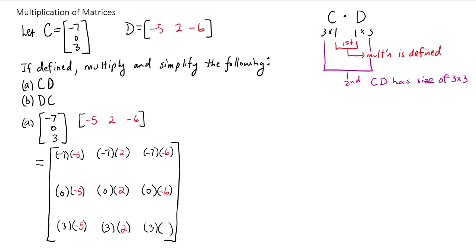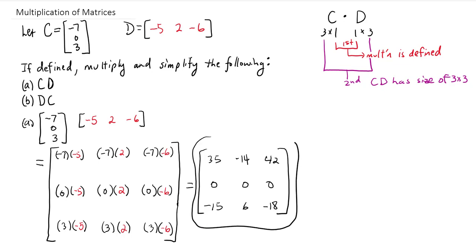We would have negative 6. Well, let's simplify that. What does our square matrix of C times D really look like? I'm sure you guys know how to multiply. So there you go. That's matrix C times D.